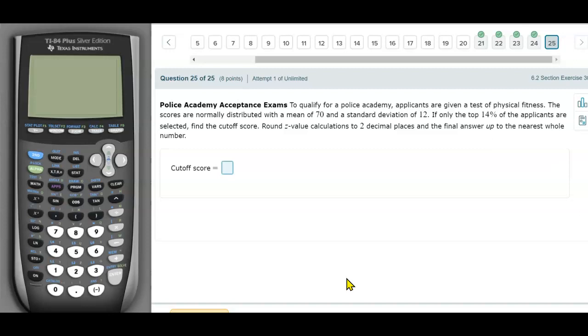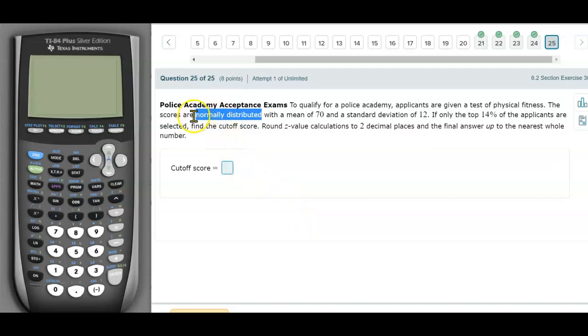So again, let's see what the keywords are and try to understand it. So here it is talking about a police academy acceptance exam, and whatever the subject is, we are talking about normal distribution. That's the first keyword.